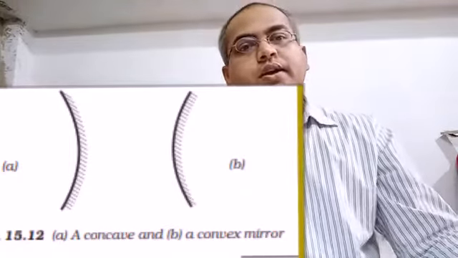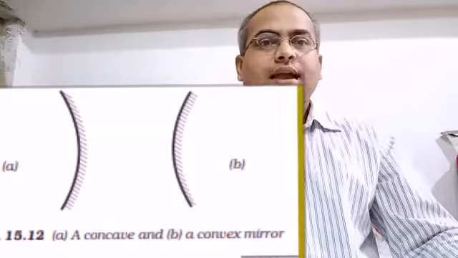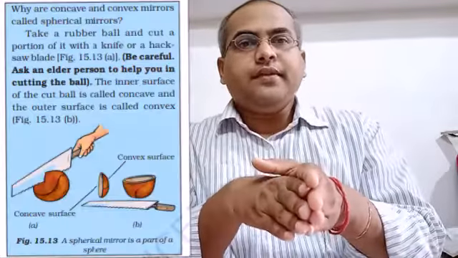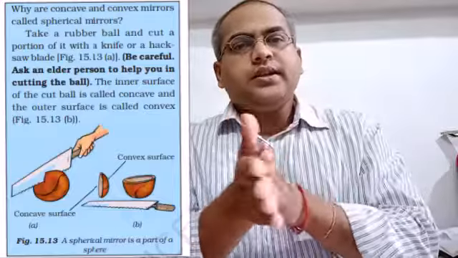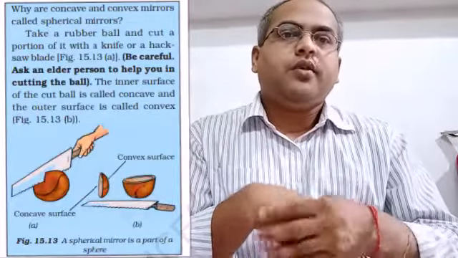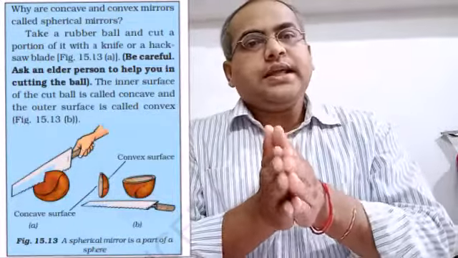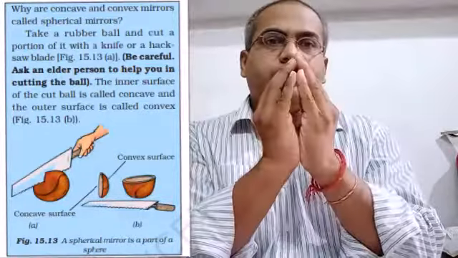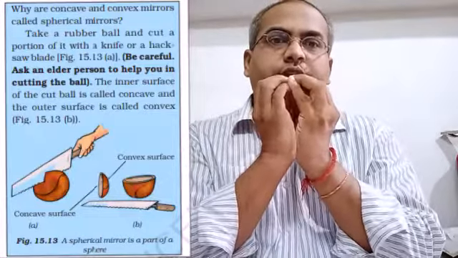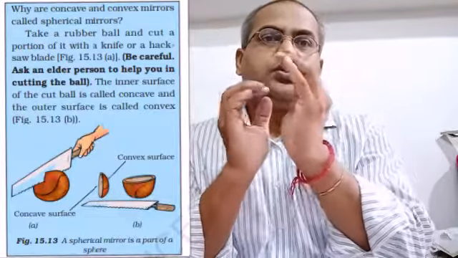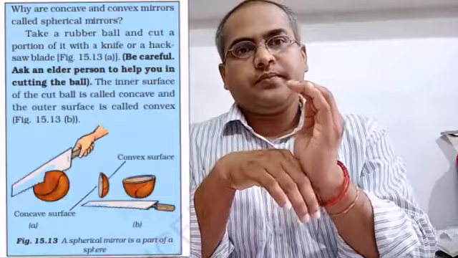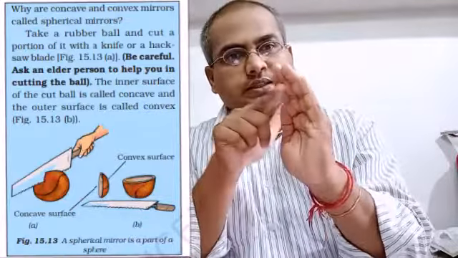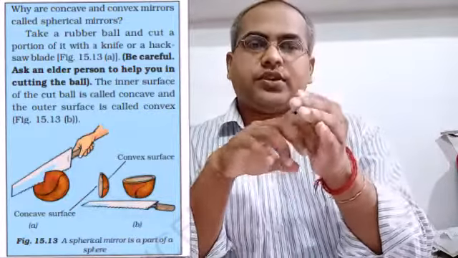So here if you take a rubber ball and cut it with a knife or any other sharp instrument through the middle, then you will get a surface like this from a ball. So if you cut it, it will separate. You will find that this side is a cave-like structure.